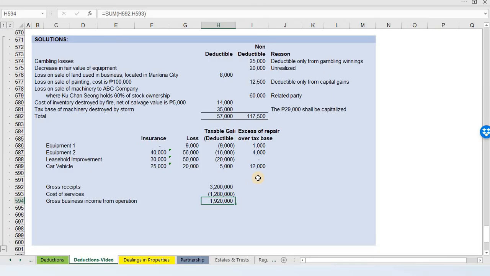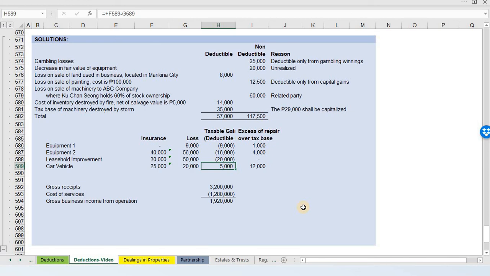However, based on our analysis of the car vehicle, the proceeds from insurance exceeded the loss of 20,000 pesos, and we have a taxable gain of 5,000 pesos. This is not considered as income from operation, but it is income that is subject to normal tax.